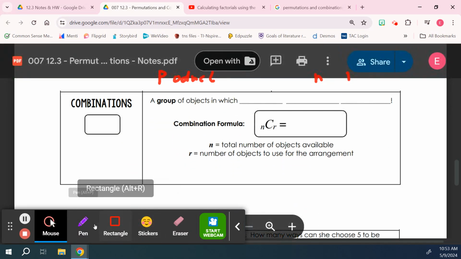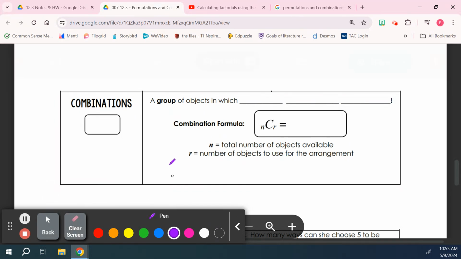Let's move on to combinations. So here, a group of objects in which order doesn't matter. When we were talking about the baseball coach making a batting order, order mattered, right? You can't go out of batting order.